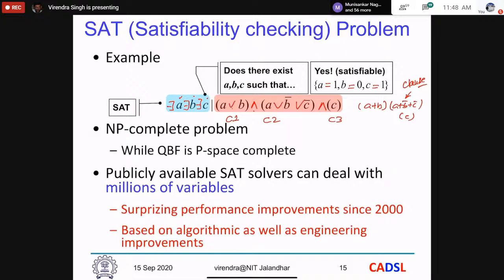But in an AND gate, if the output is 0, then I don't know what the input was. If the output is 1, it is a deterministic relationship that the input would always be 1 1, right? But if the output is 0, there are multiple solutions: 0 0, 0 1, and 1 0, right?